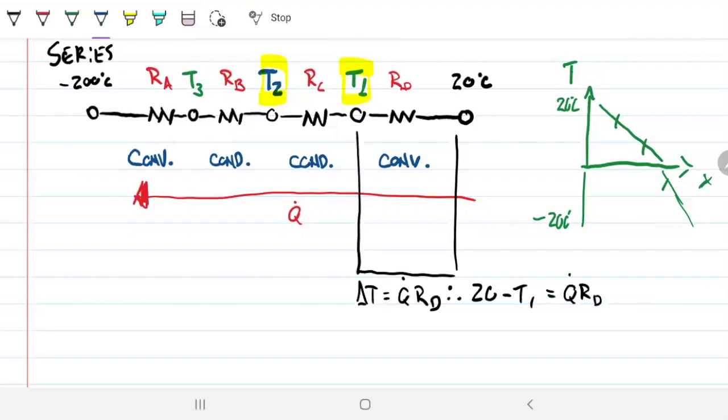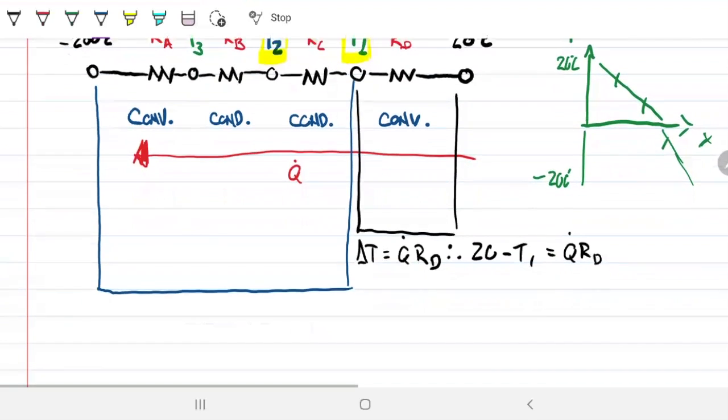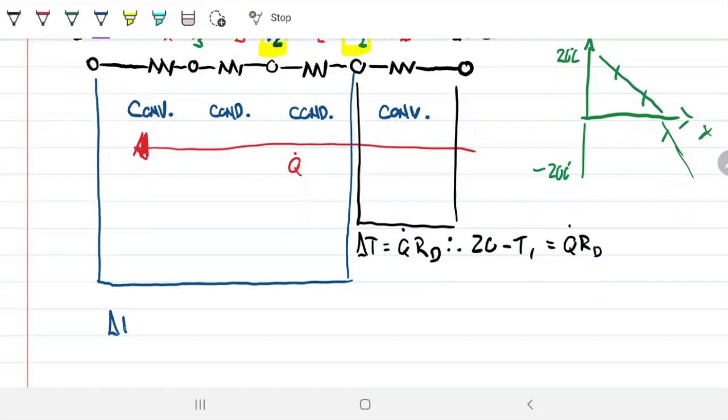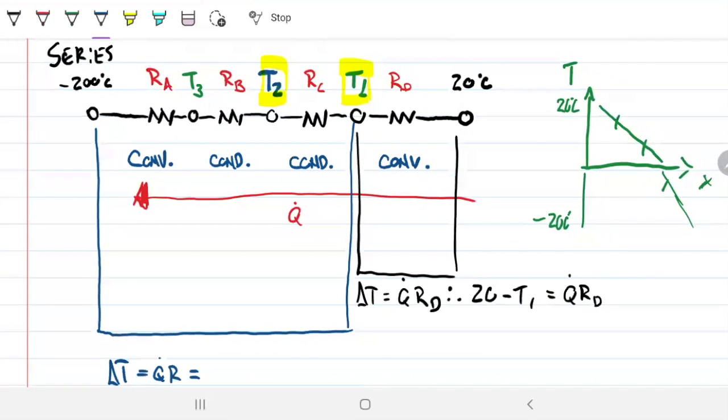Another option, which would be just as valid, would be to do minus 200 over there and T1 over here. So what would that tell us? It will tell us that delta T equals Q and R, just like before. But what is this R? Well, that's going to be RA plus RB plus RC.